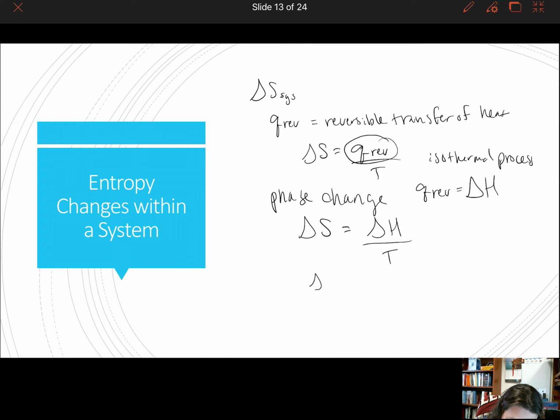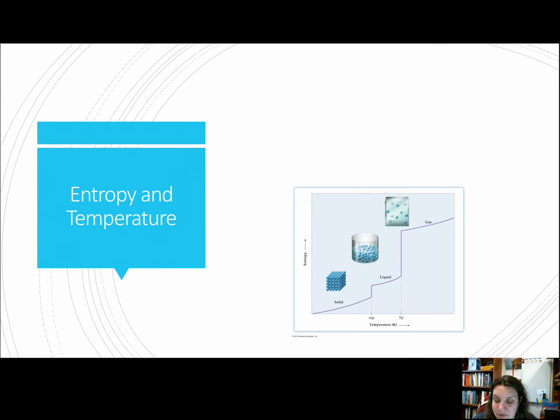So it could be delta S of fusion, for instance, equal to our delta H of fusion divided by temperature. Okay, and this is true if we have a reversible process. I already kind of hinted to this, but entropy itself is affected by molecular motion. The more motion, the more randomness you introduce into the system.